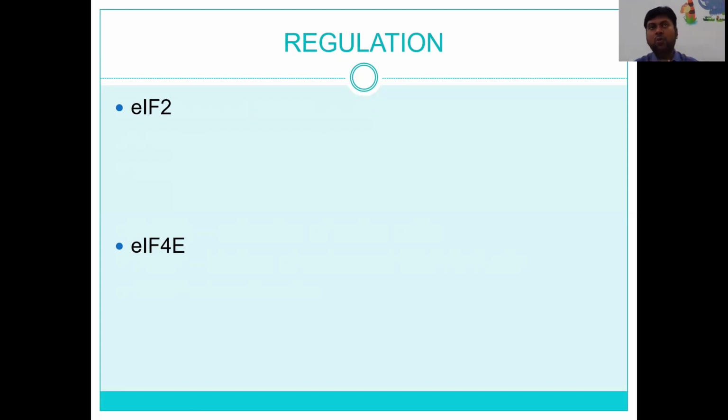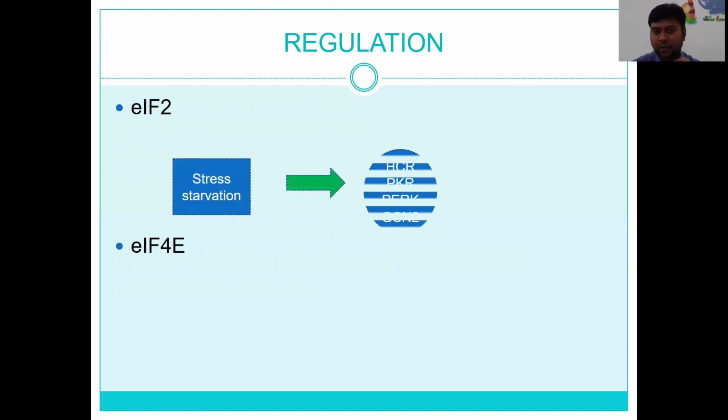Just now we saw that translation is a highly energy demanding process. Whenever our body is in an energy deprived state, either in starvation or in stress, it will activate a group of kinases, which in turn will phosphorylate eukaryotic initiation factor 2.